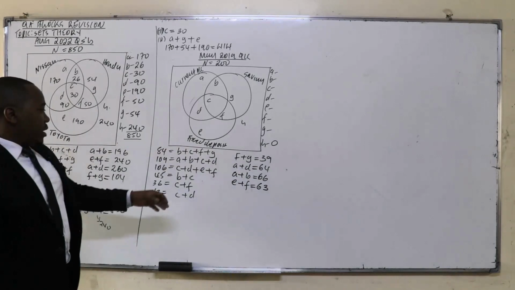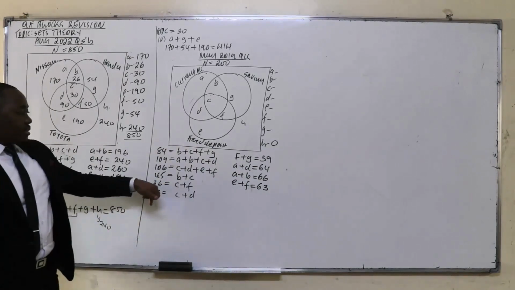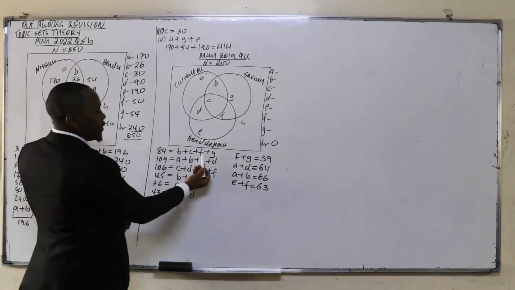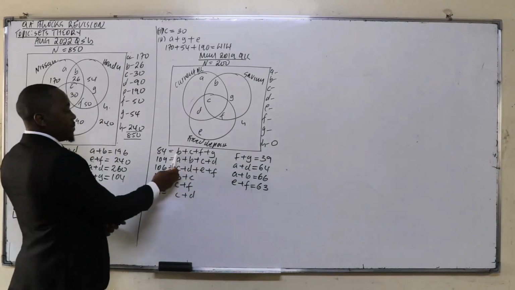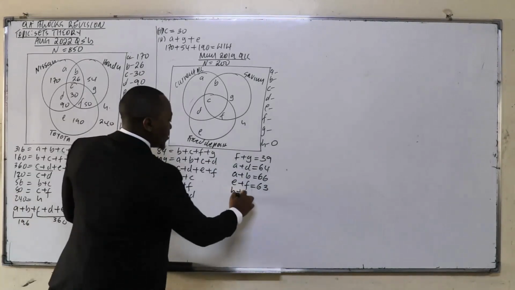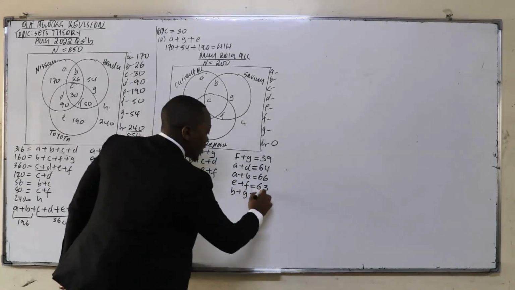Also, you can use the CF. CF is 36. If CF is 36, that means you can get B and G. So BG is equal to 48.